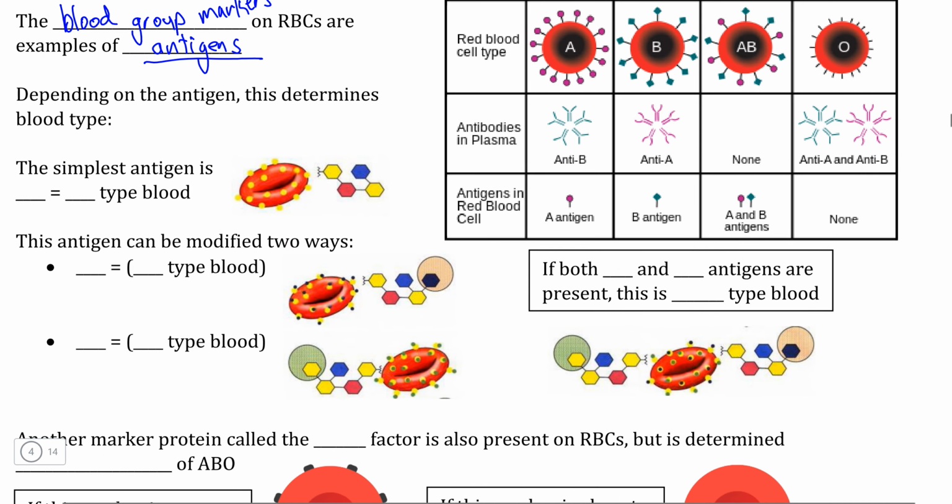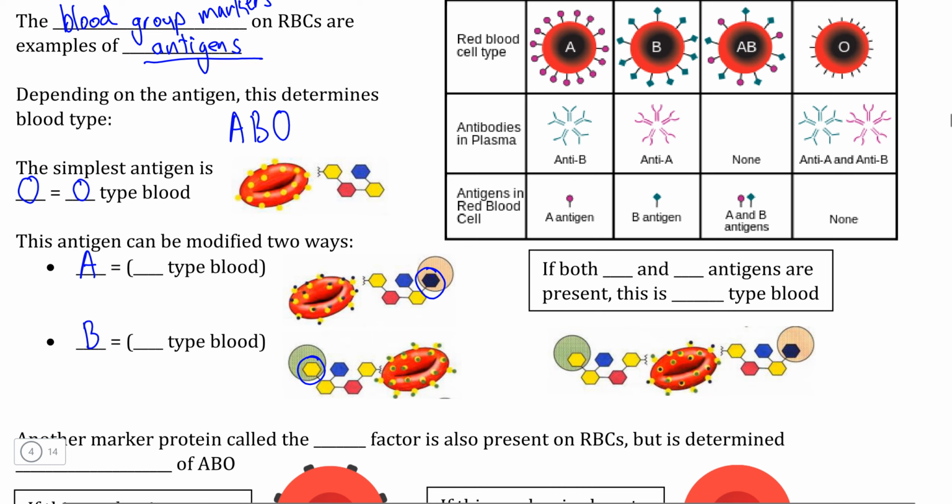So as a review, your blood group markers, at least in what we call the ABO marker family, have three different varieties, the simplest or default form being the O marker, which indicates whether a person has blood type O. This is the default form of the blood group markers, in that the other two markers, what we call the A antigen and the B antigen, are structurally identical to the O antigen, just with two specific modifications that are present.